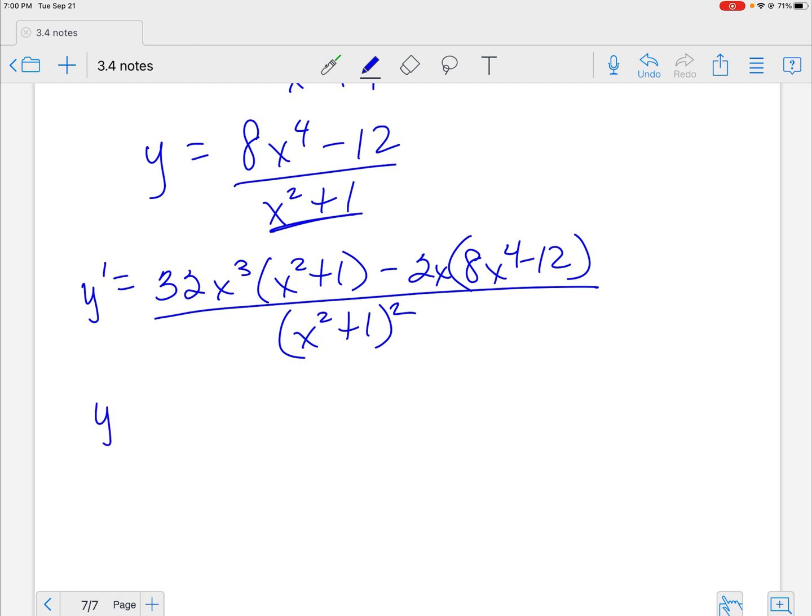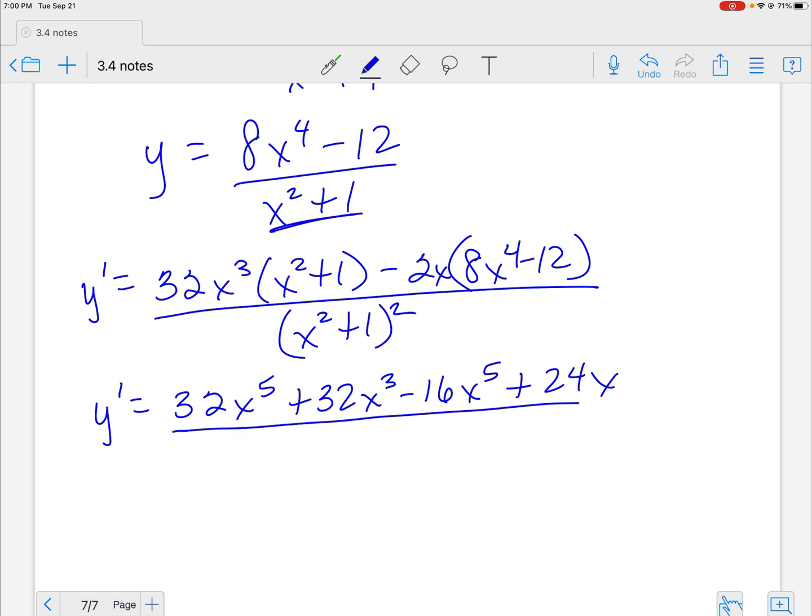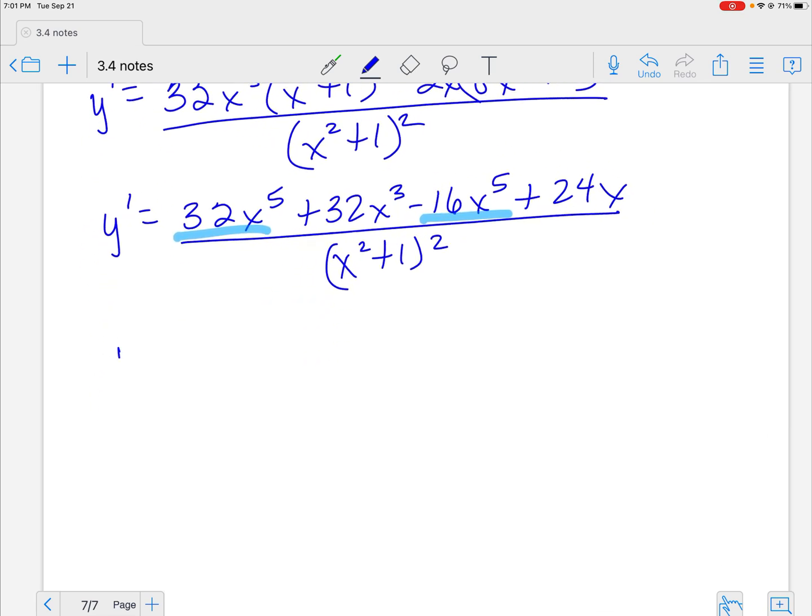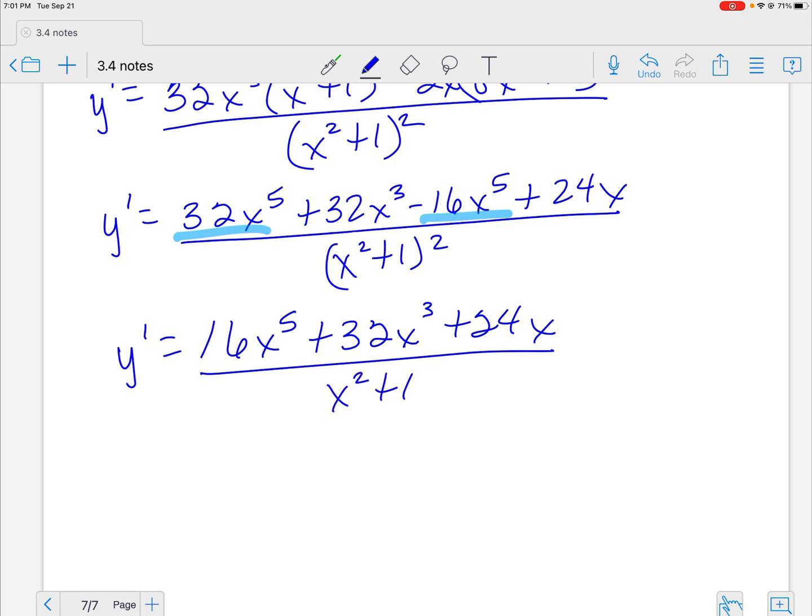Now clean it up some. y prime is equal to 32x⁵ plus 32x³ minus 16x⁵ plus a 24x all over the denominator. I've got like terms with the fifths at least. So y prime is going to be 16x⁵ plus 32x³ plus a 24x all over the denominator.